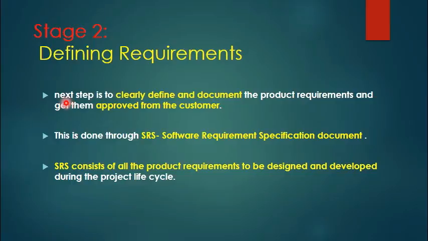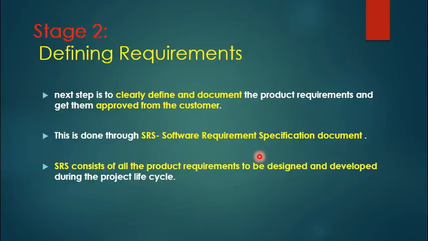Once the customer approves, that is we are ready with the requirement of the customer, then we proceed to the next step. This documentation is done through SRS, the software requirement specification. Why the software is required, what basic purpose this software is going to serve, is documented in the SRS document.